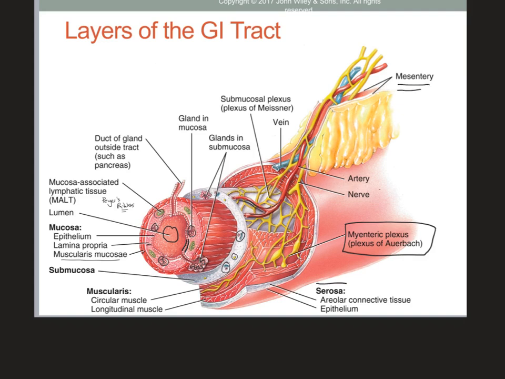Now, anywhere along this alimentary canal, from mouth to anus, anywhere there is a peritoneum, so a serous membrane, the outermost layer is going to be lined with the serosa. Now, anywhere that this tube lies outside of this abdominal or serous cavity, it will not be lined by a serosa, but rather a layer called the adventitia.